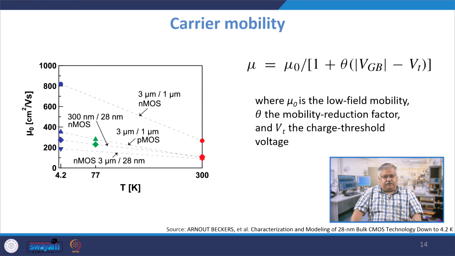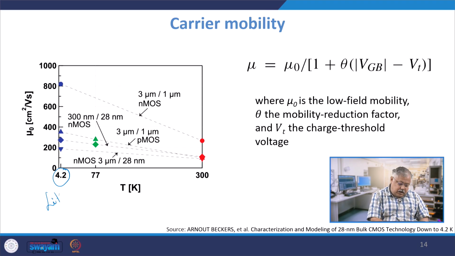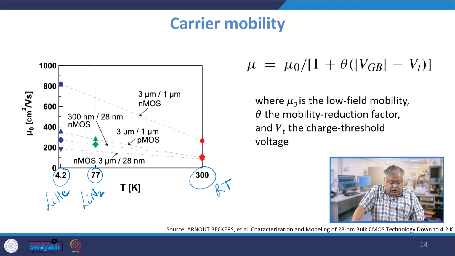On the left hand side, the graph plots mu naught, the low field mobility, with respect to temperature varying from 4.2 Kelvin, and there were 3 temperatures: 4.2 Kelvin, which is liquid helium, 77 Kelvin, which is liquid nitrogen, and room temperature, 300 Kelvin.